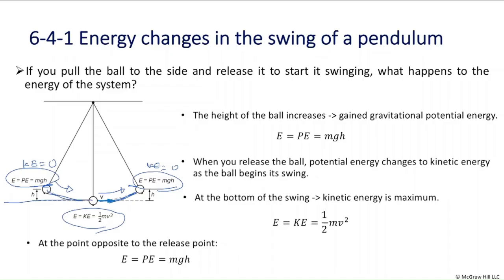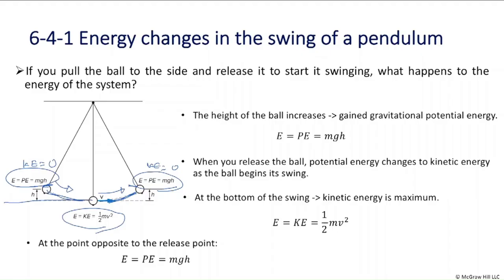Now if this continues again and again, then why does the ball stop swinging after some time? There is a force that opposes the motion of the ball, which we call air resistance. It will decrease the total mechanical energy of the system. So if there is air resistance, then the total mechanical energy is not conserved.